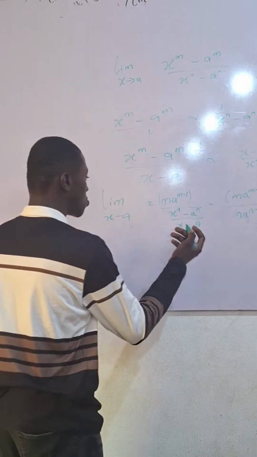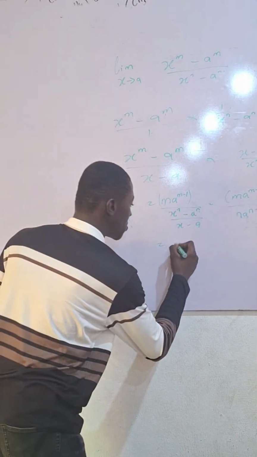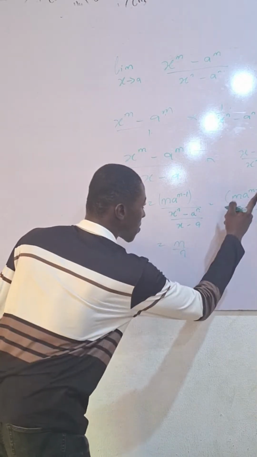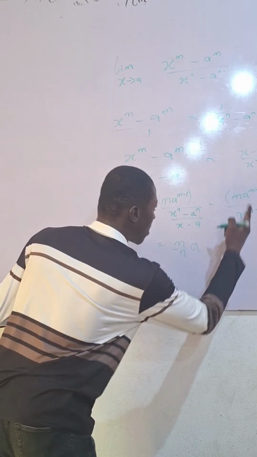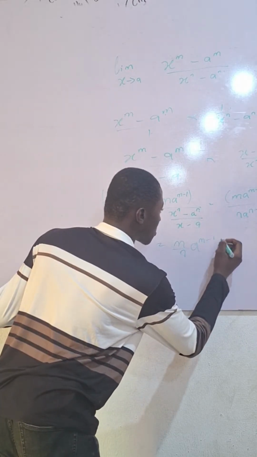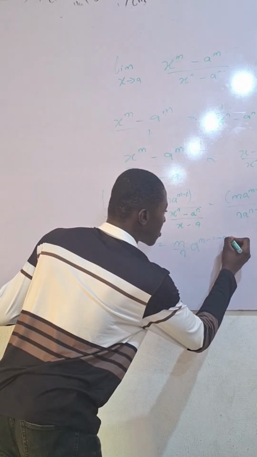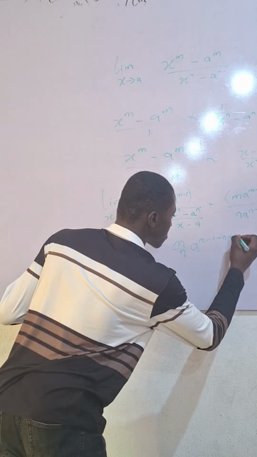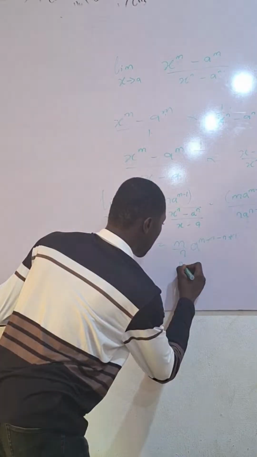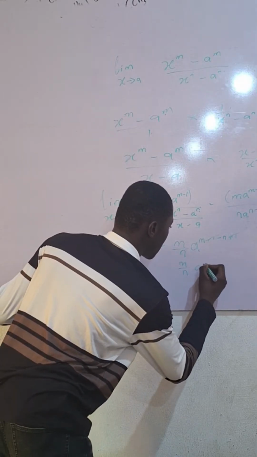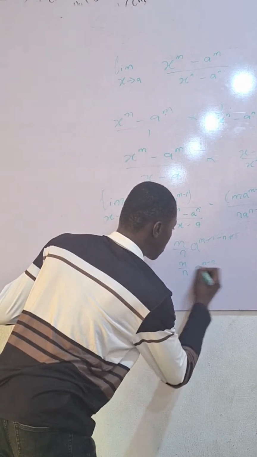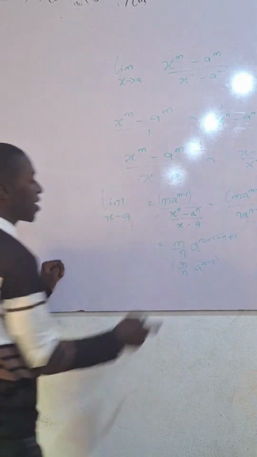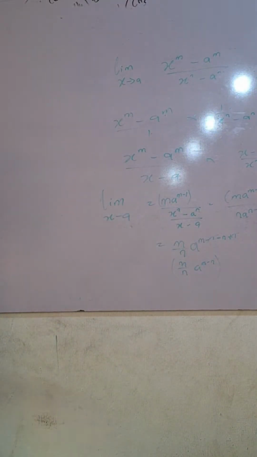So now we can do some indices. This will be m over n multiplied by a raised to power (m minus 1) minus (n minus 1). You have seen it already. So this will be m over n times a raised to power m minus n.